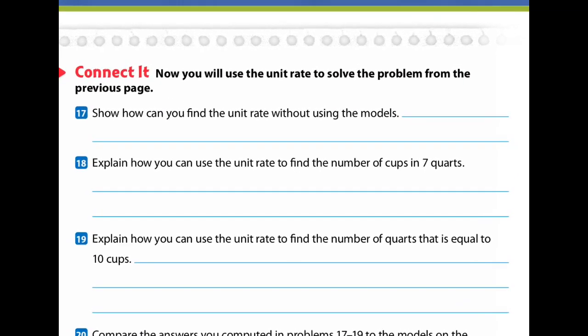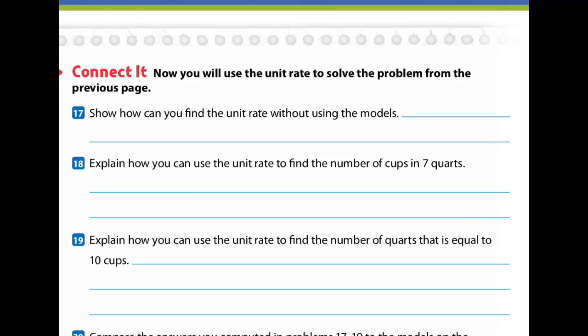So let's go over number 17. It says, show how you can find the unit rate without using models. So remember the original ratio was 12 cups for 3 quarts, QT.